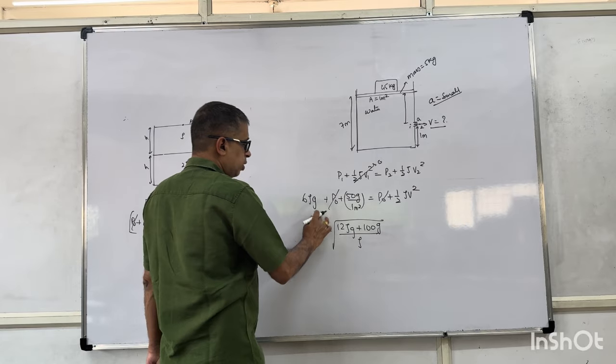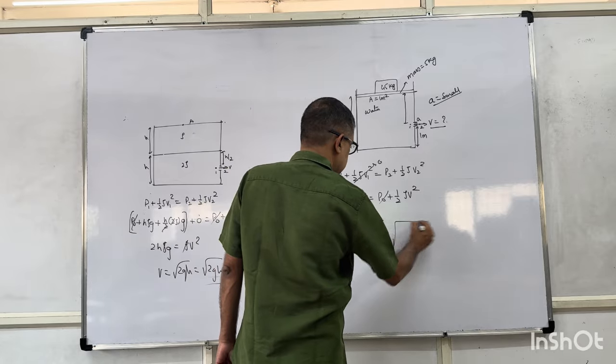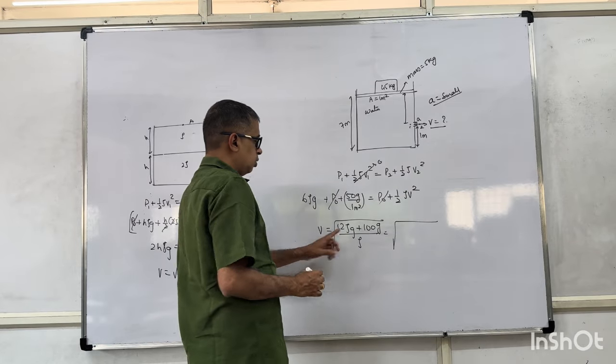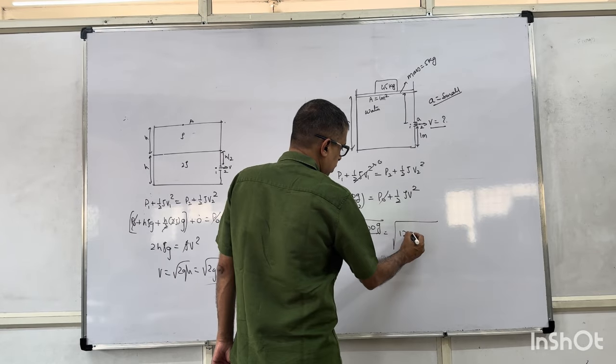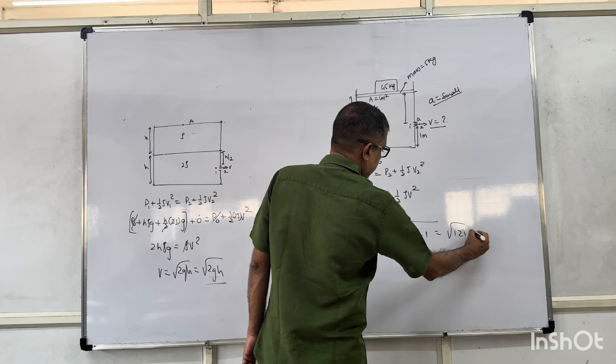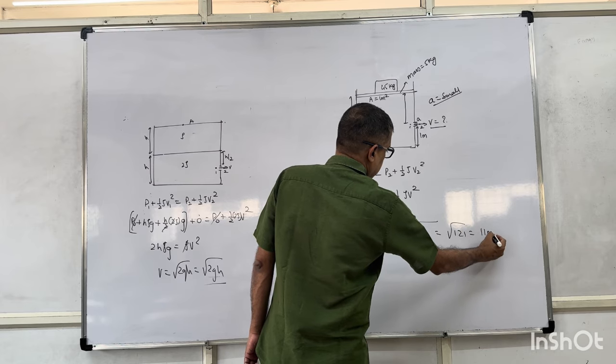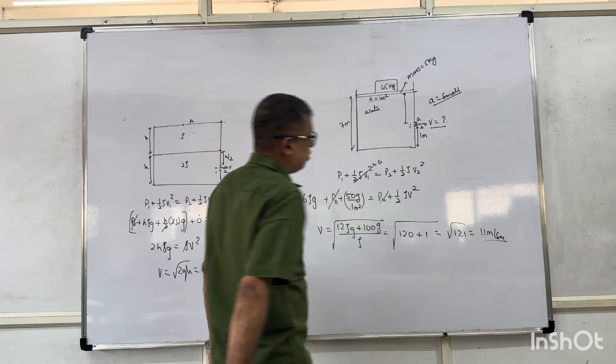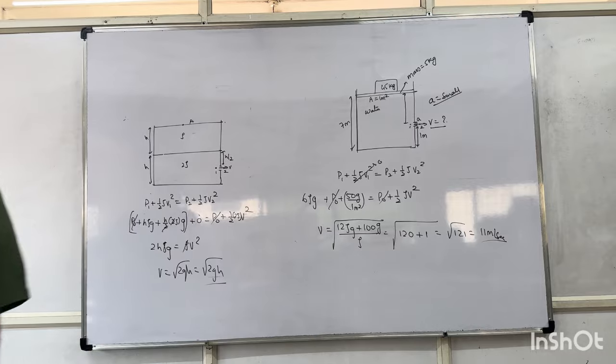V will be the square root of this. Am I right? This will be 12 g, 120 plus 1, root over of 121 is how much? 11 meters per second. Very well adjusted numbers.